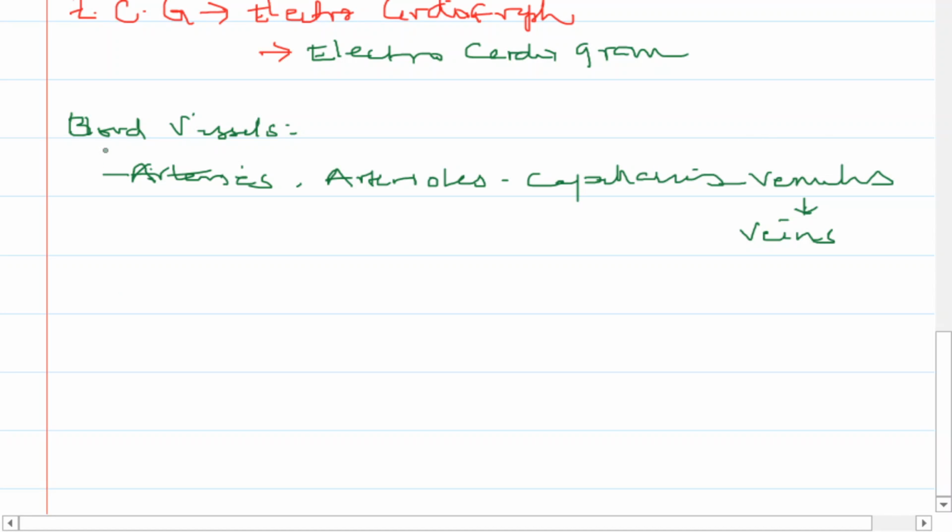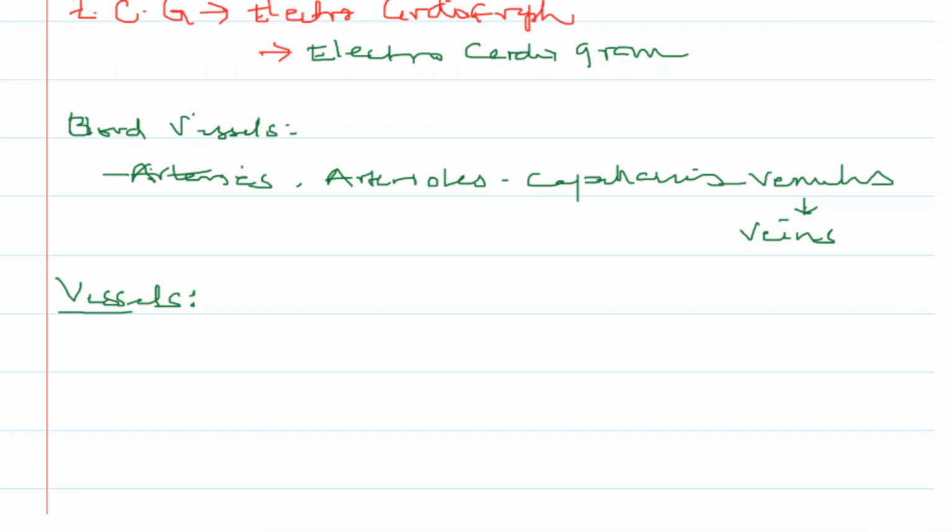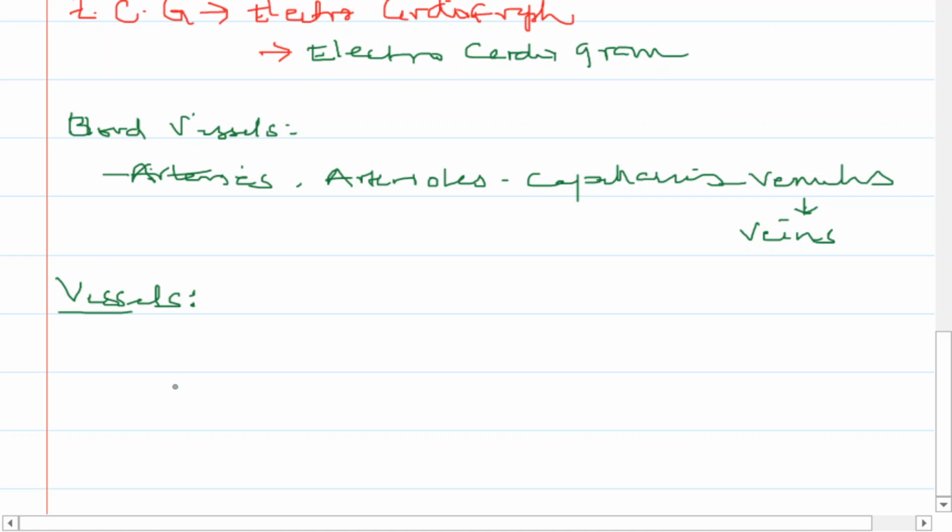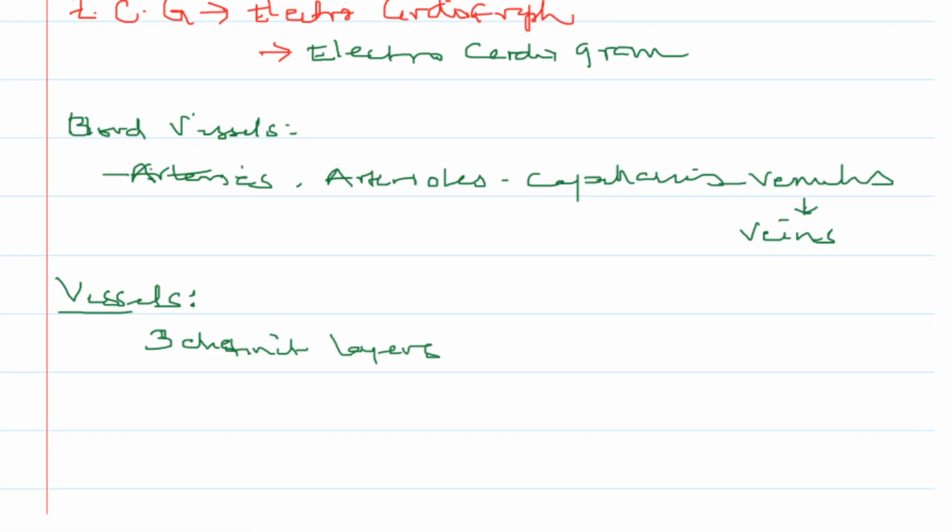Now let's look at the wall or the basic structure of the vessel. There is a little bit of difference between arteries and veins, which we will get to in just a minute. But first, let's look at the wall. The wall of mainly the arteries and veins consists of 3 distinct layers. And what are they?